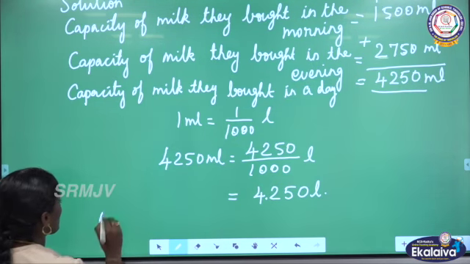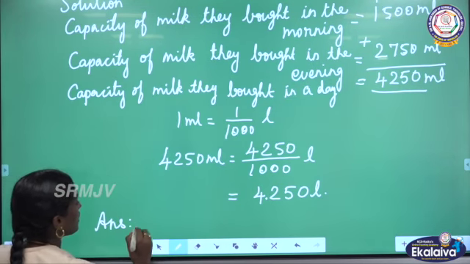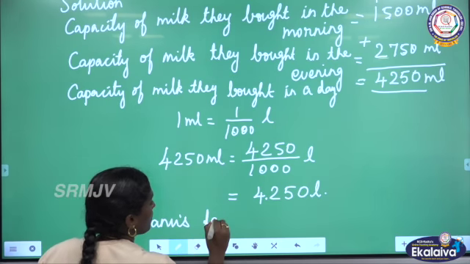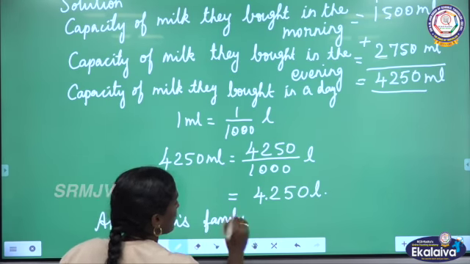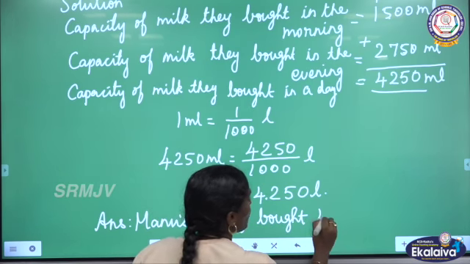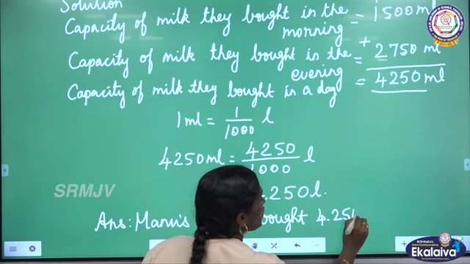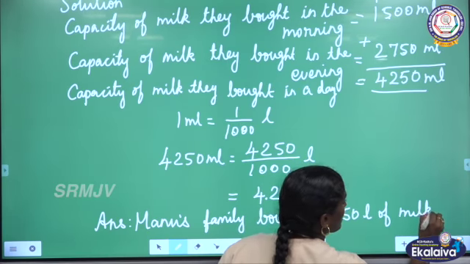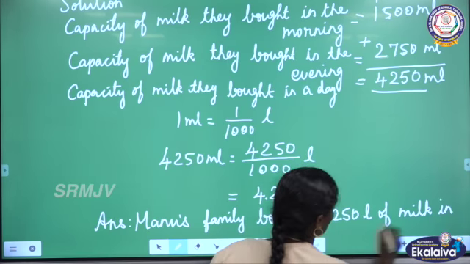Is it clear? So answer statement: Manu's family bought 4.250 liter of milk in a day.